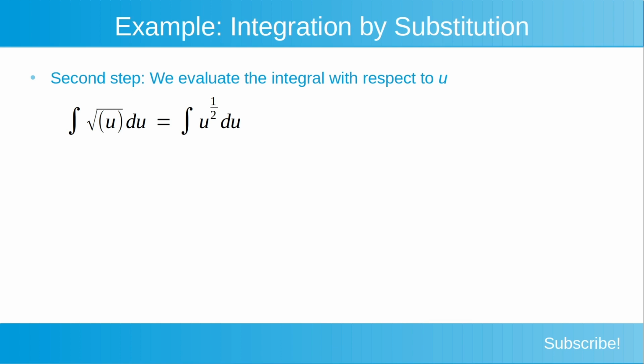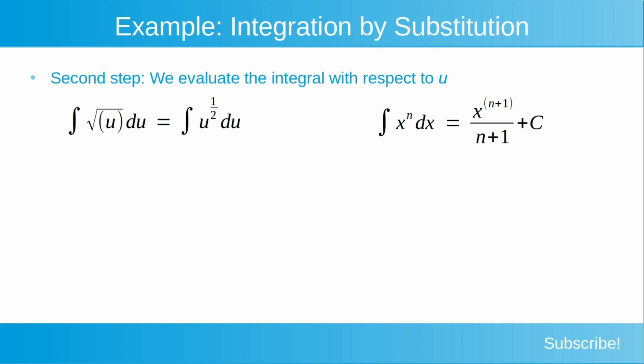This matches one of our standard integration formulas. This formula is now shown on the right hand side of the screen. This formula says that the indefinite integral of x raised to the power of n with respect to x, that's equal to x raised to the power of n plus 1 divided by n plus 1 plus c.